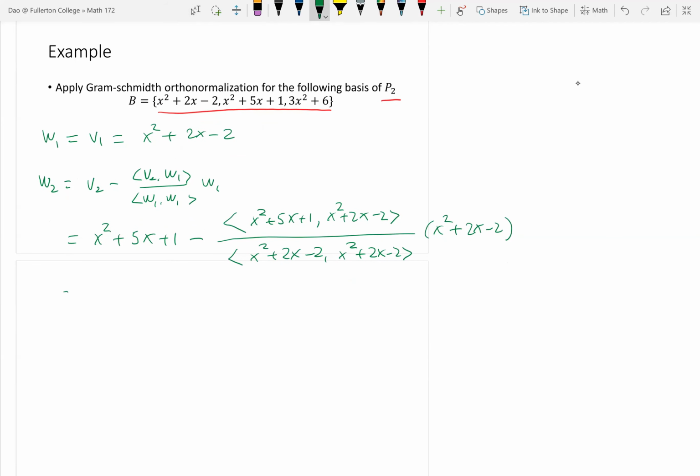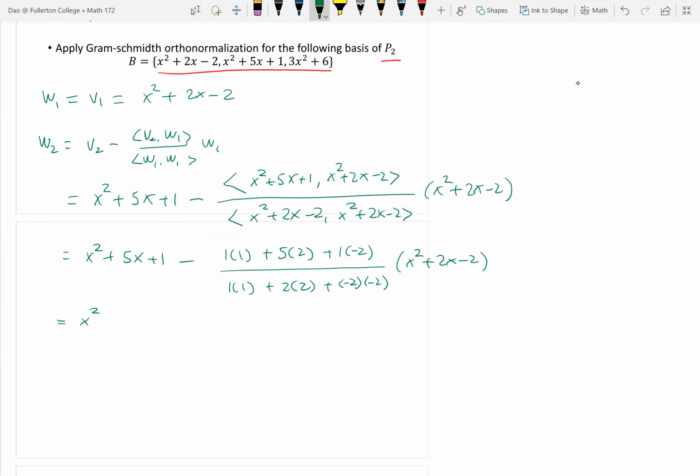All right. So x squared plus 5x plus 1 minus. By the definition, this is 1 times 1 plus 5 times 2 plus 1 times negative 2, divided by 1 times 1 plus 2 times 2 plus negative 2 times negative 2, right? The inner product between the polynomials will be the dot product between their components. So that's how we divide it, times x squared plus 2x minus 2 here.